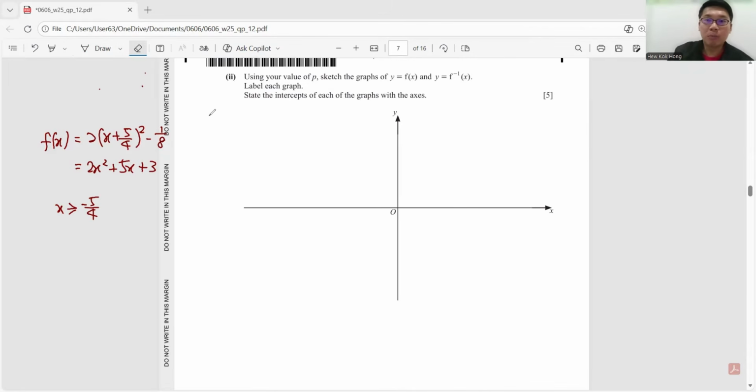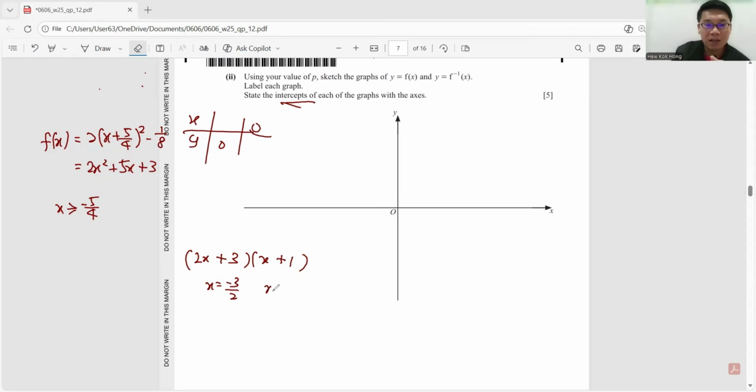Last, we go to part 2. Using your value of p, sketch the quadratic graph of f(x) and f inverse. So we must state the intercept of each graph with the axis. So let's check first. When y equals to 0, it is minus 3 over 2 or minus 1.